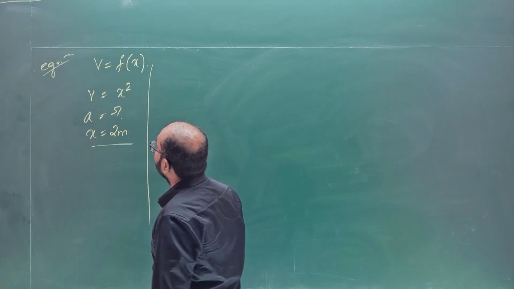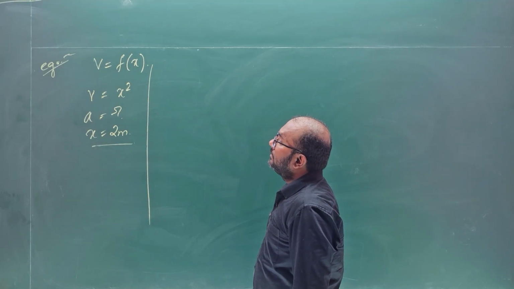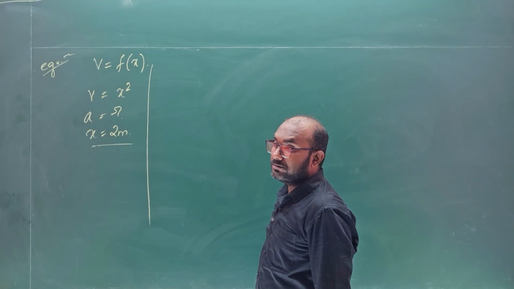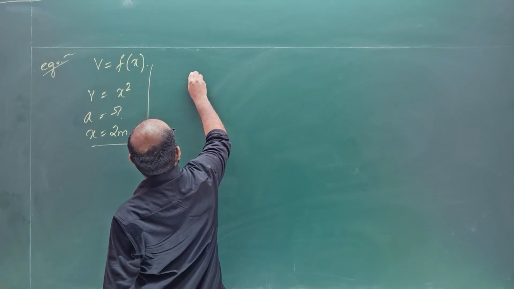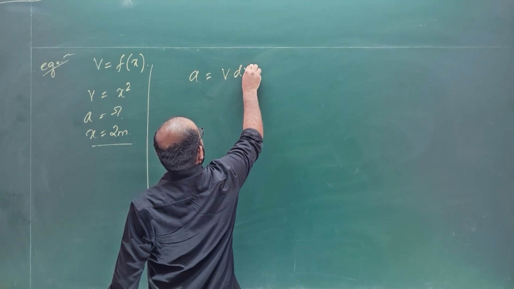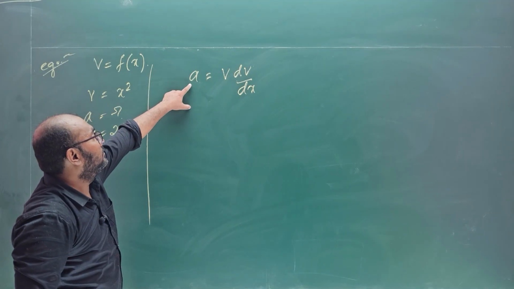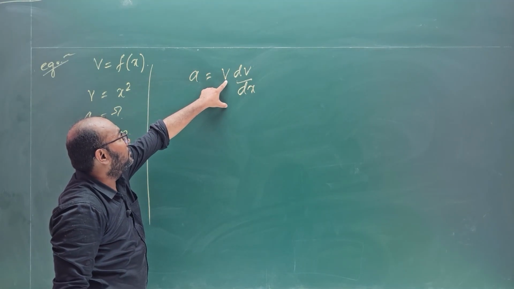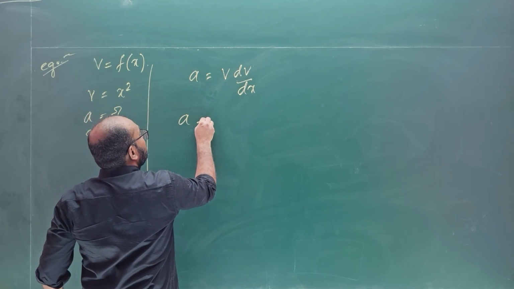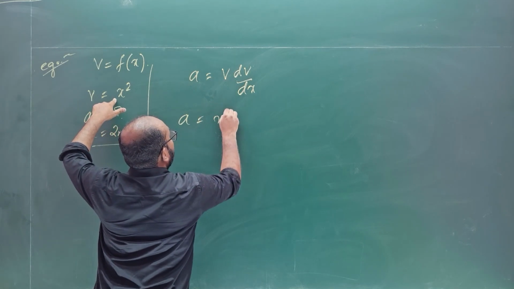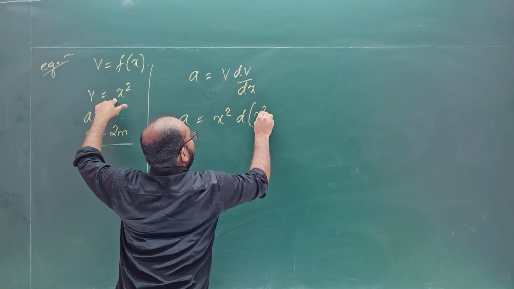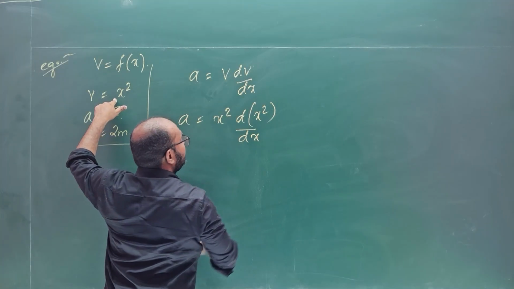Now listen to me. How to find that acceleration? We have an equation like this: a equals v dv upon dx. Do we have the value of a? We don't. But do we have the value of v? Yes. So a equals v, which is x square, times d of x square upon dx.